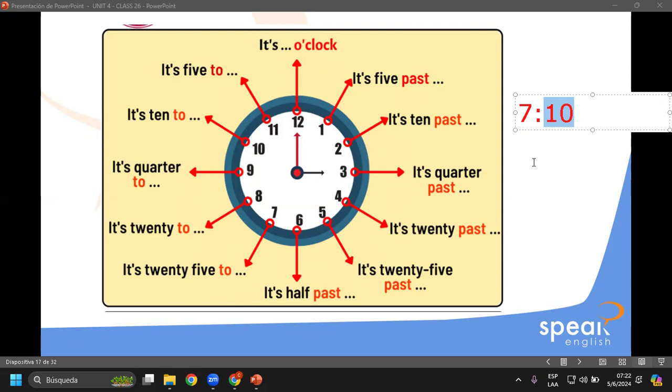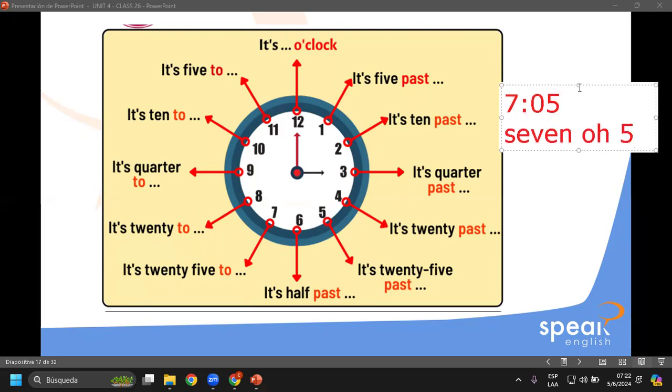Now, in the easiest form, look, what time is it? In the easiest form, we are not going to say 7:05. We say it like this, 7 oh 5. Why? Because we have a 0 right here. And the 0 sounds like an O, like the letter O, okay? So 7 oh 5.